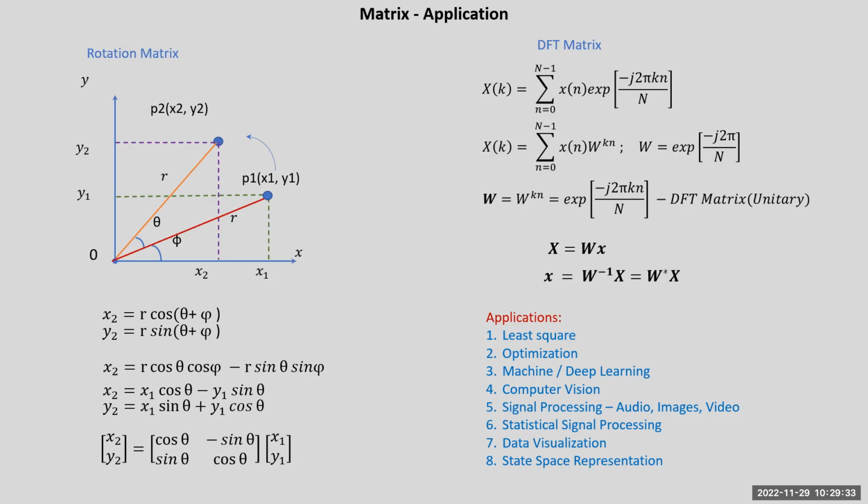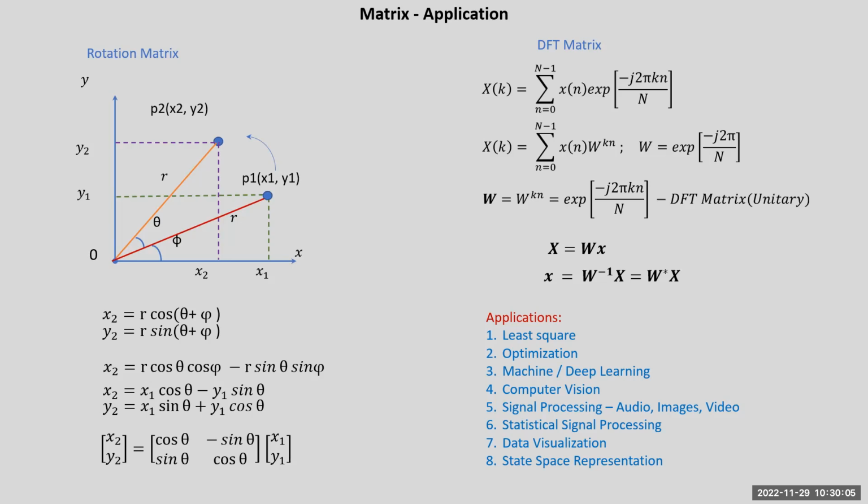Signal processing is a foundation course for computer vision and machine learning, and it has different types of signal processing for audio, images, and video, that is, 1D, 2D, and 3D signals, which can be nicely analyzed, and the systems can be designed using the concepts of linear algebra. Statistical signal processing involves random processes and random variables, and it also needs help from linear algebra.